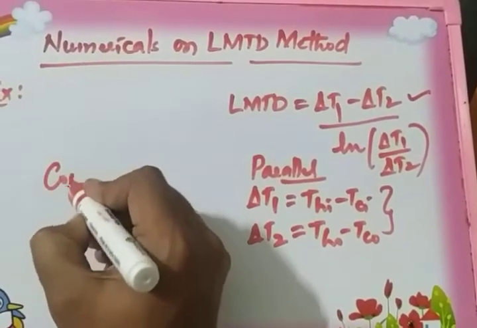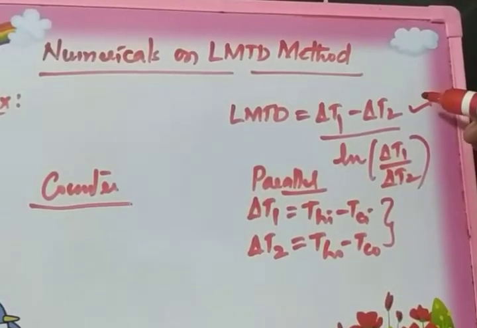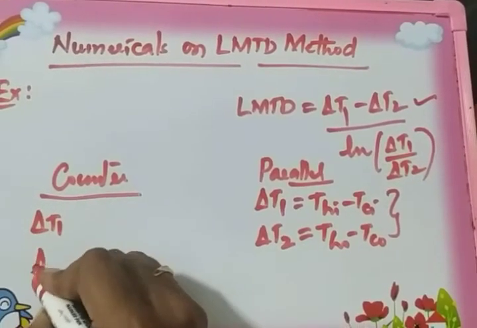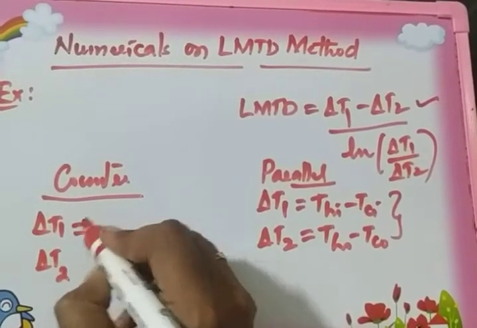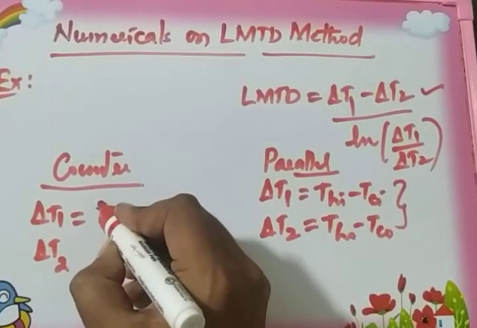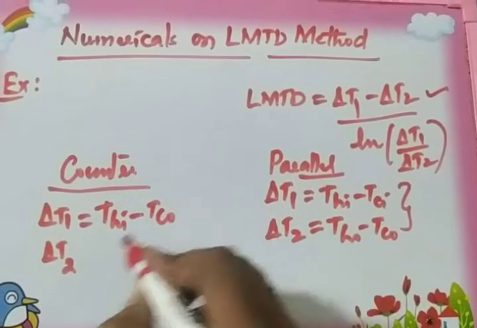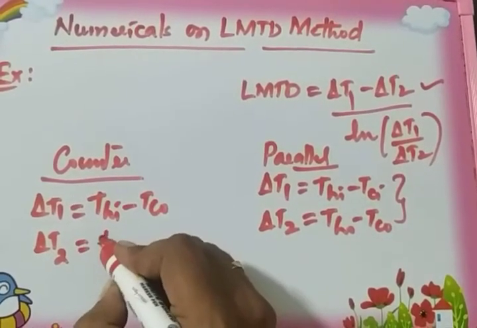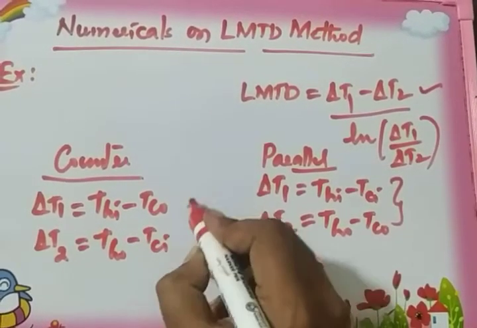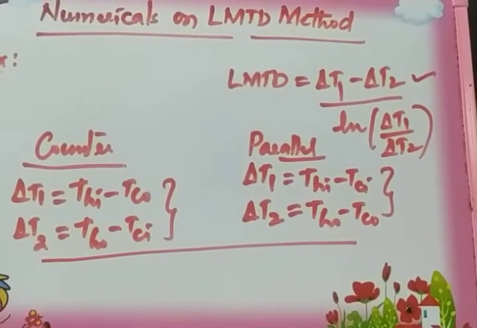Similarly, for the counter flow heat exchanger, though the LMTD expression remains the same, the delta T1 and delta T2 expressions will change. Hence, for the counter flow heat exchanger, delta T1 is given by Thi minus Tco, whereas delta T2 is given by Tho minus Tci. You can just have a look at these two parameters.